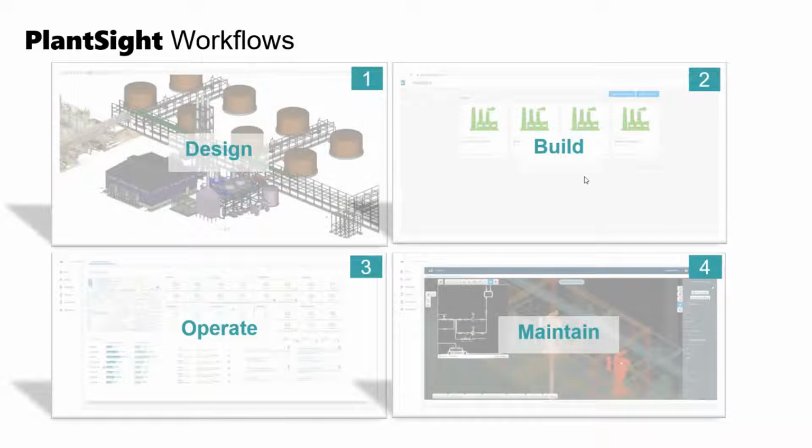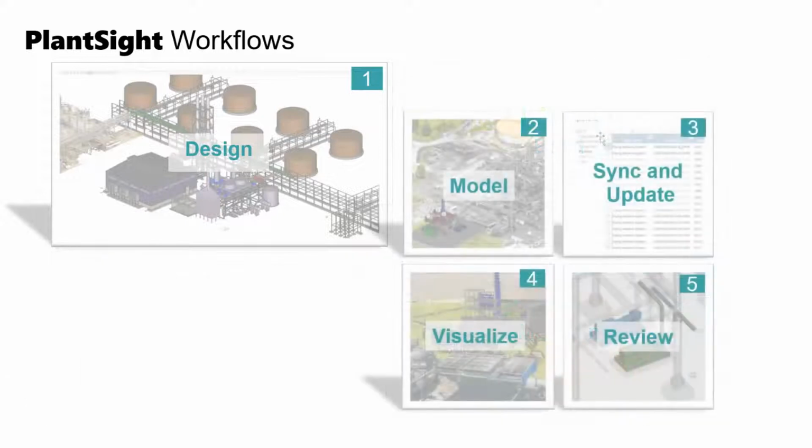You can use the digital twin concept also in the building or construction stage, as well as operation and maintenance. During the design stage, you can produce models and work with the digital twin, and you can continuously sync your data as well as visualize and do design review.